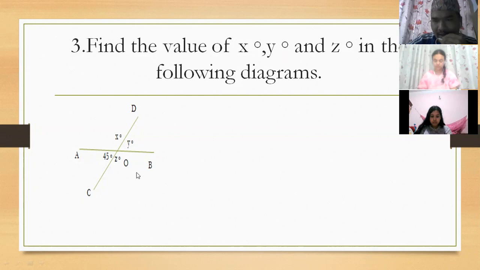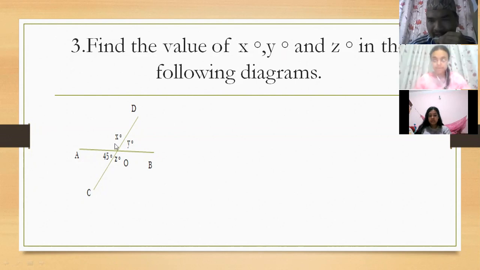Okay, so can anybody tell how you will find out this x degree here? This x degree and 45 degree, they are a linear pair, or we can call them a straight angle also.